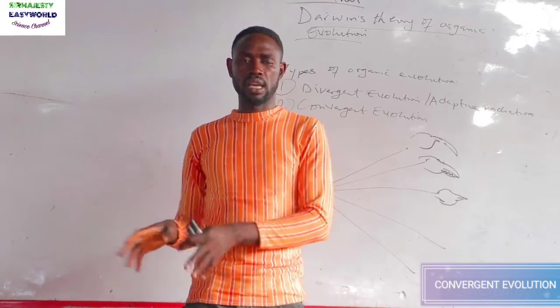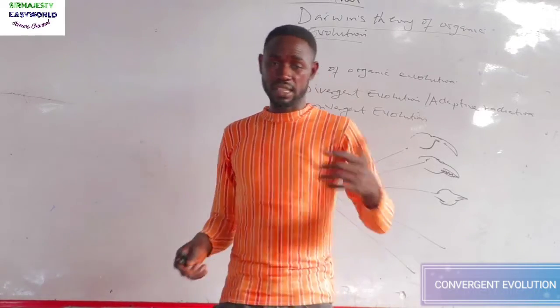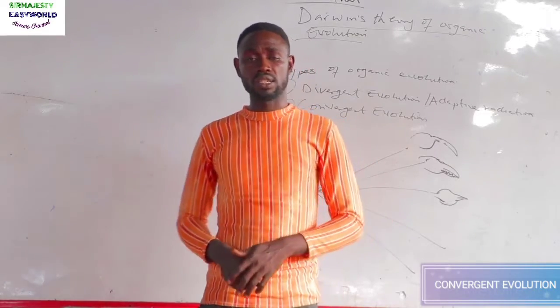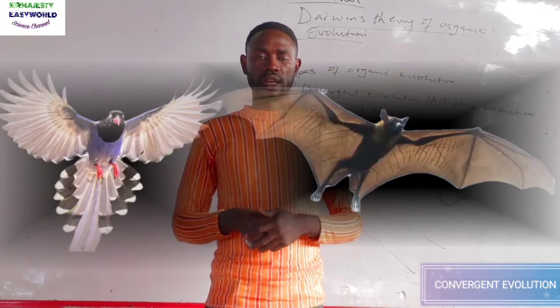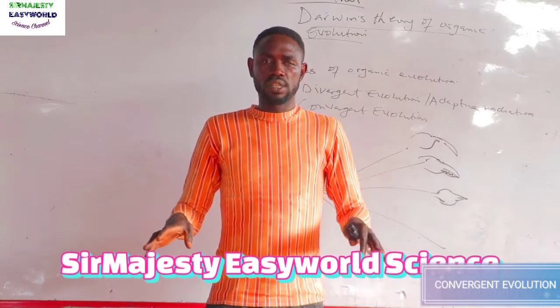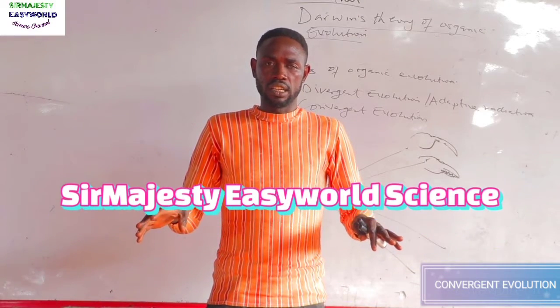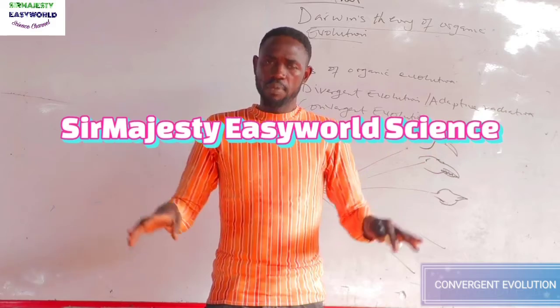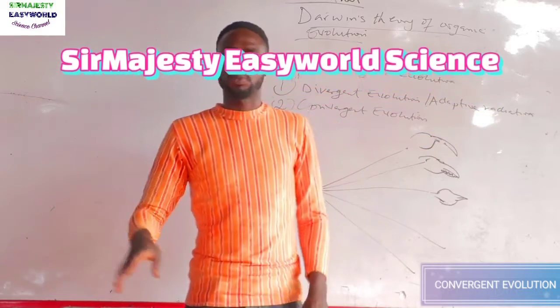There are many examples of convergent evolution. Another one is wings of birds and wings of bats. Bat is a mammal coming from a different class, while bird is coming from the class Aves. They are now flying. When you see the chiropterans, the bats, the flying mammals, you think they are birds, but they are never birds.